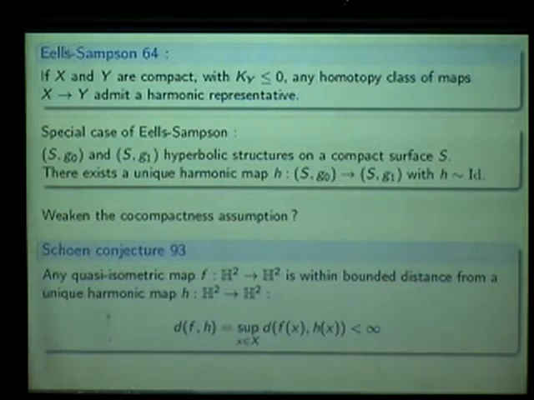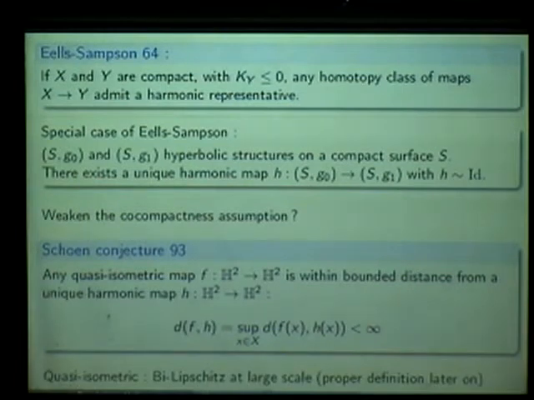Here, bounded distance means uniform distance. We require that the supremum of the distances of the images of any point of X by either the quasi-isometric map F and the harmonic map you're looking for, H, must be bounded.